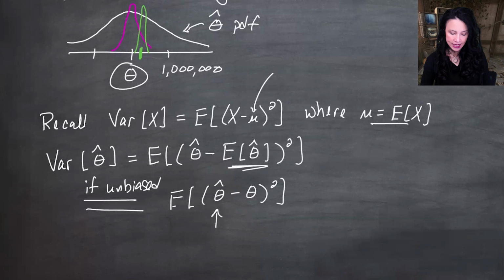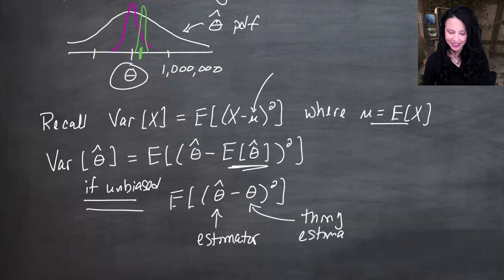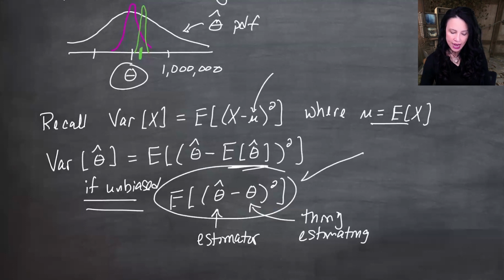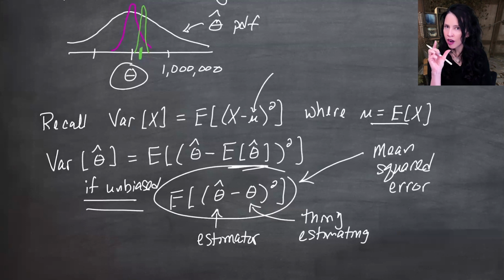This is the estimator, and this is the thing we're estimating. And so this thing is known as the mean squared error. You're taking how far off you are and squaring it and averaging it.